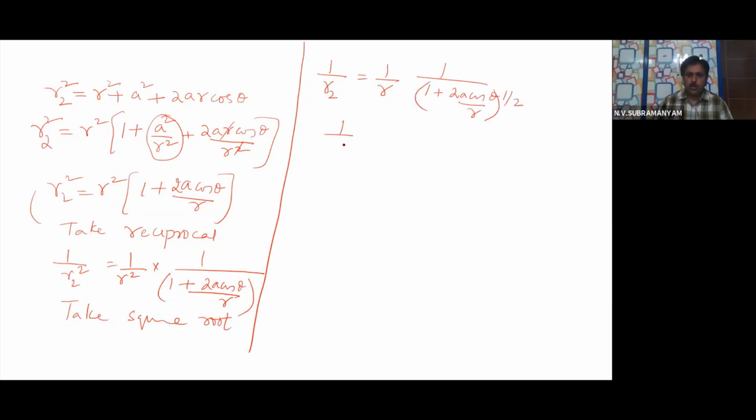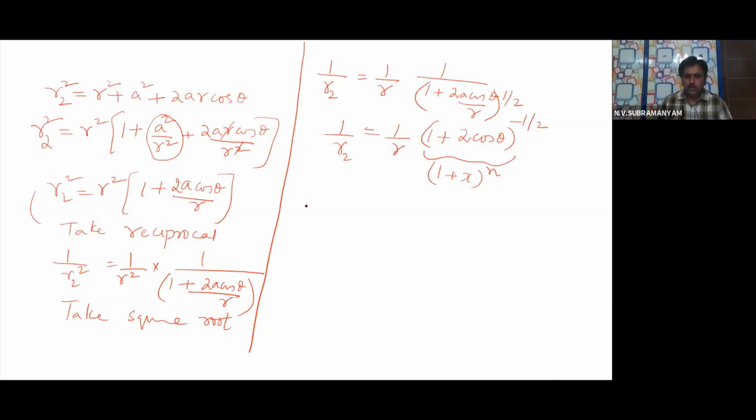And now I know how to do. I can proceed easily. 1 by r into this, take to the numerator, 1 plus 2a cos theta by r power minus half. This is again binomial expansion, 1 plus x whole power n.